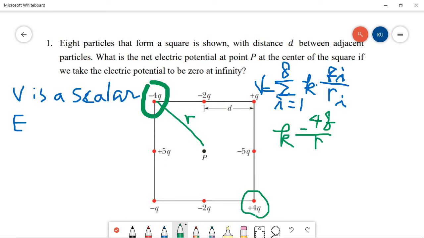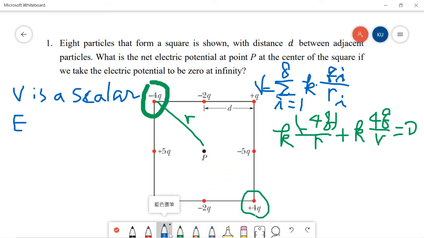You can simply write it as square root of 2 times d, but it doesn't really matter. And for the bottom right charge, it generates an electric potential of k 4Q over R. So it turns out to be 0. So for the two green charges, the overall electric potential at point P is 0.